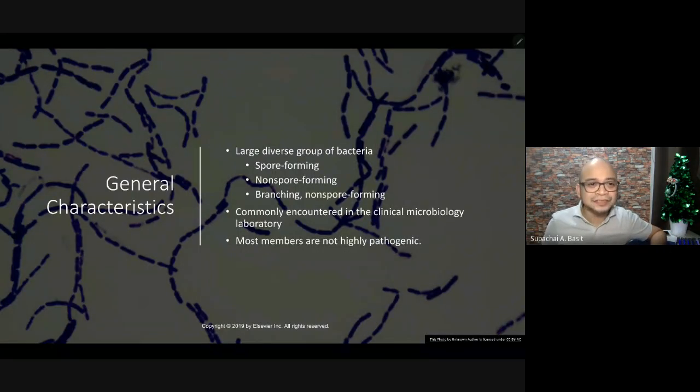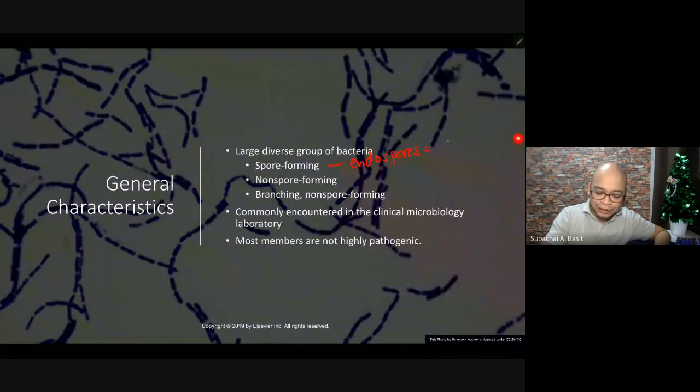So let's discuss first the general characteristics. As I've mentioned, there is a large diverse group of bacteria. Some of them could be spore forming. Let's review what we have learned about spores during the prelims. When you say spore forming, it means that they have endospores.